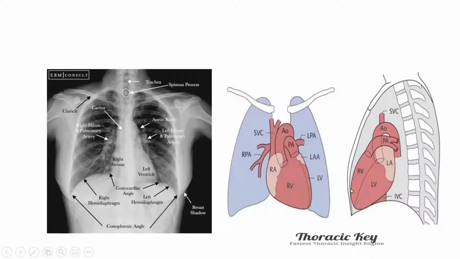Because in the lateral X-ray orientation, it's here, RV, it occupies the anterior space, and the LV is posterior, and the IVC comes here, and the ascending aorta, and the left atrium is also seen here, the most posterior structure of the heart. So the RV and LA are not seen in the AP/PA projection, but are seen in the lateral projection.